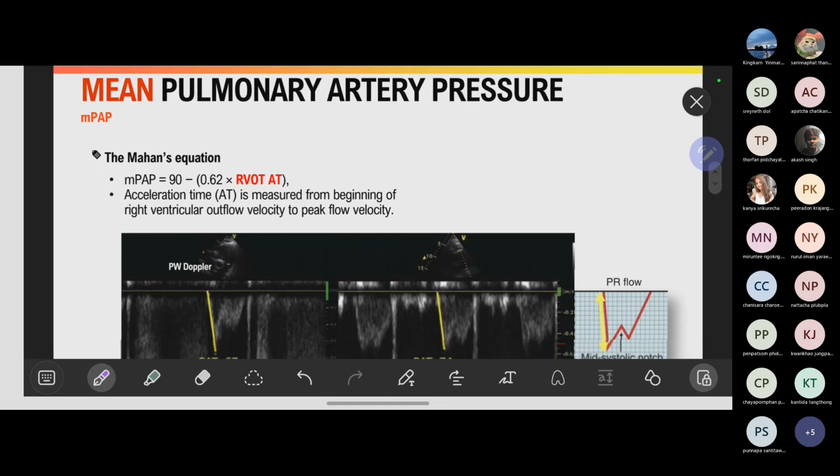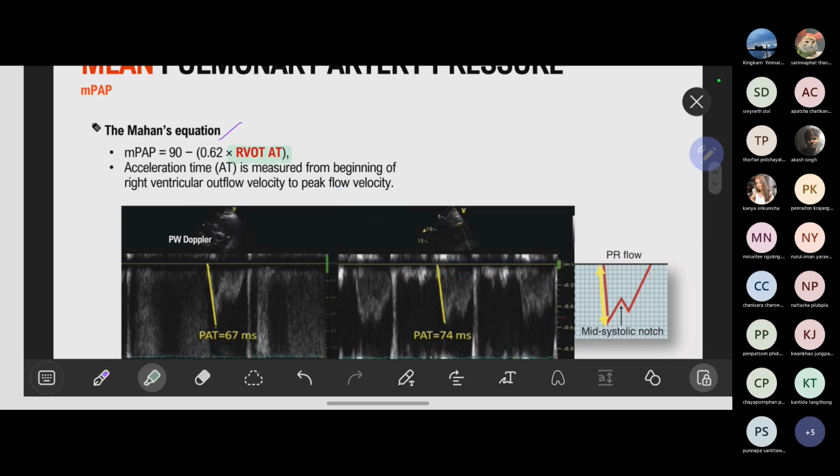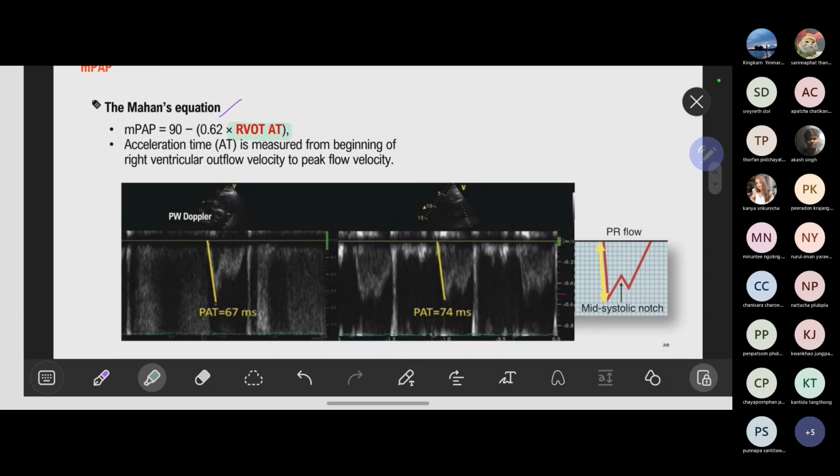Next, measurement of mean pulmonary artery pressure is estimated by the Mahan equation. MPA pressure is estimated by using RVOT acceleration time, which is measured by PW Doppler at RVOT from the parasternal short axis.